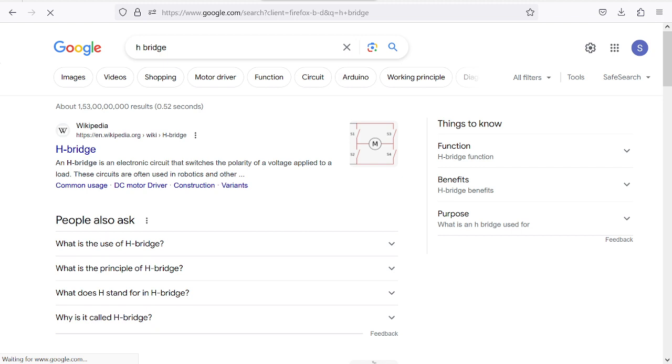So this is for 1 and 2. Total time is constant, so let's say the cycle time is 1 unit. For D amount of time, 1 and 2 are on, and for 1 minus D amount of time, 3 and 4 are on.